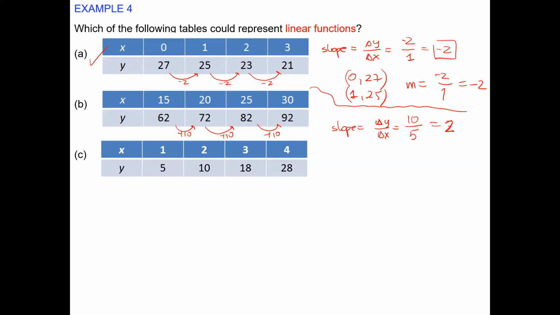Also, if we take two points and get the difference between y's and x's, we get the same. This is a linear relation. And what about the last one? x is 1, 2, 3, 4, but the changes in y: we add 5, we add 8, we add 10. It's a different relation.